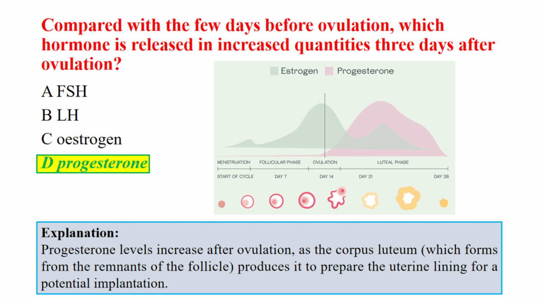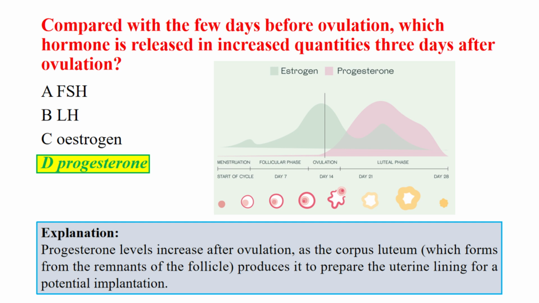This is because after ovulation, the follicle that released the egg transforms into a structure called the corpus luteum. This corpus luteum starts producing progesterone. This hormone is essential because it helps maintain the uterine lining, creating a supportive environment for a fertilized egg to implant and grow.